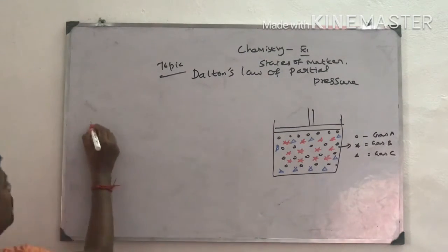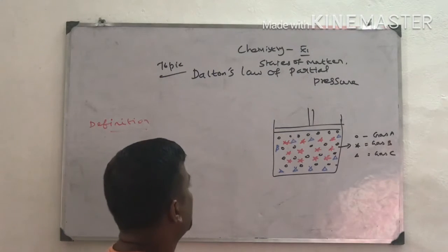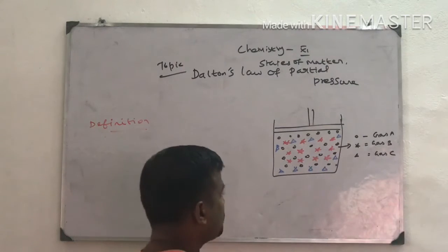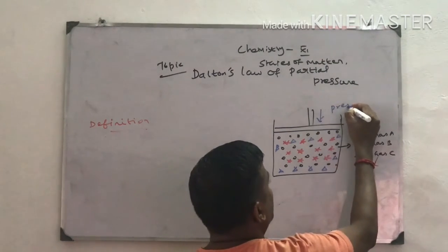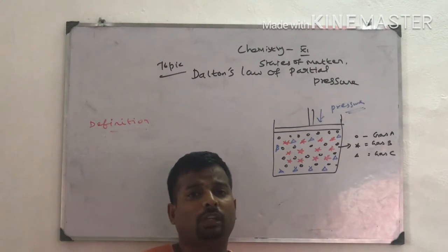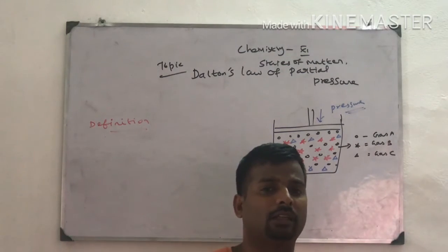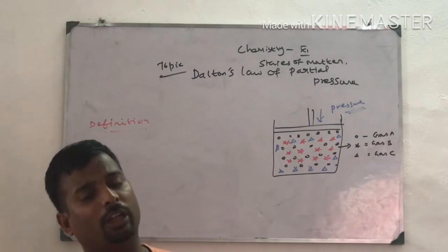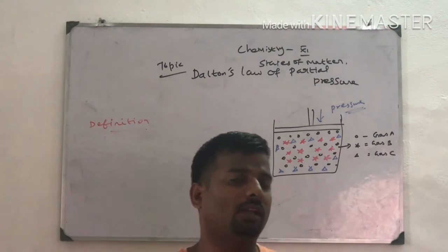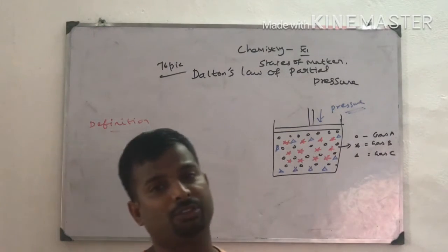Now I am going to tell you the definition of Dalton's law of partial pressure. Here, the vessel is filled with three different gases. The total pressure exerted by two or more non-reactive gases in a closed vessel at a particular temperature is equal to the sum of the partial pressures exerted by the individual gases.